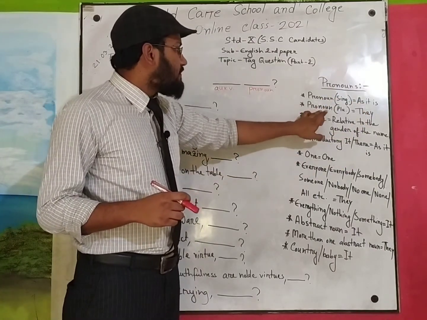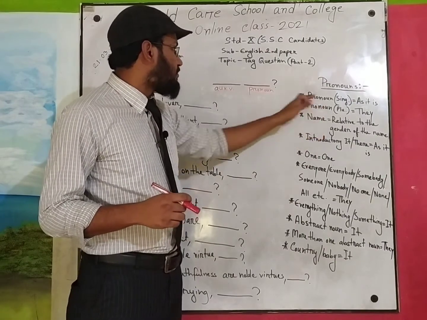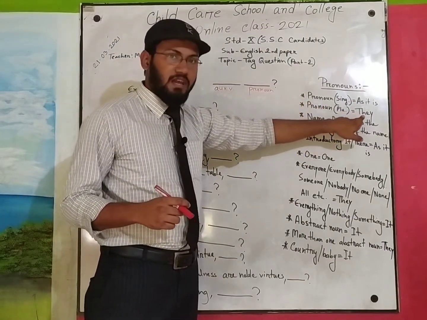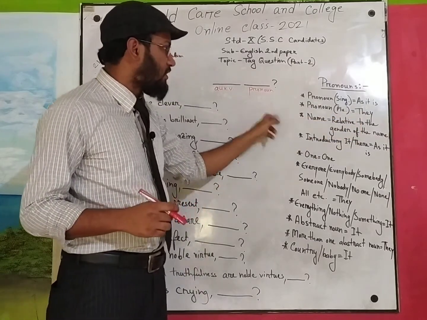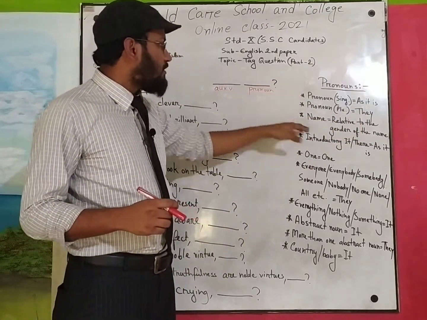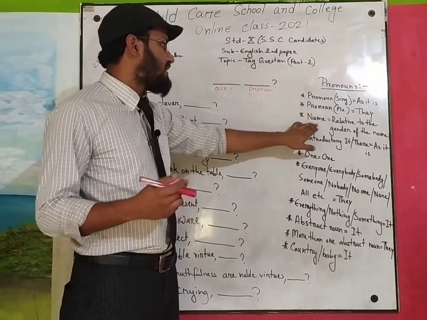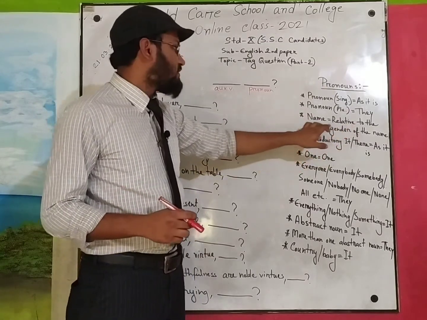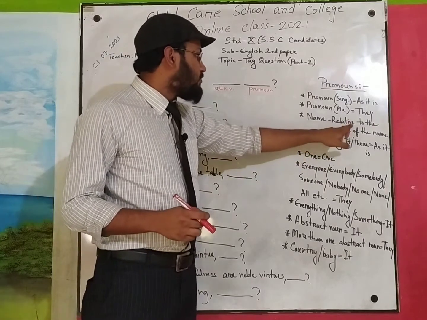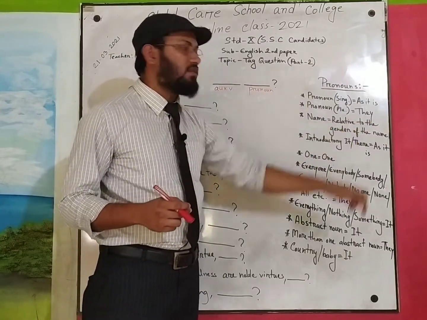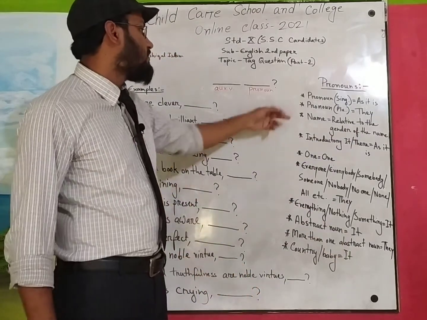If the subject is a pronoun itself but it's plural, we will use they for our tag question. And if the subject is actually a name, a person's name or an organization's name or whatever it is, it could be a pet's name, the pronoun that we will use for our tag would be relative to the gender of the name. Keep that in mind.